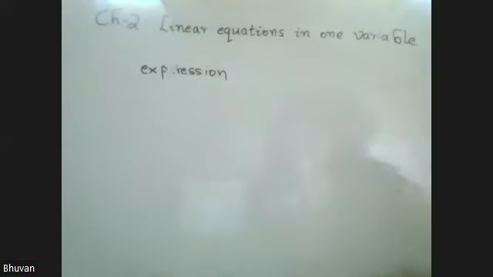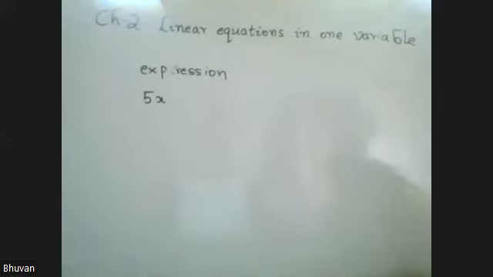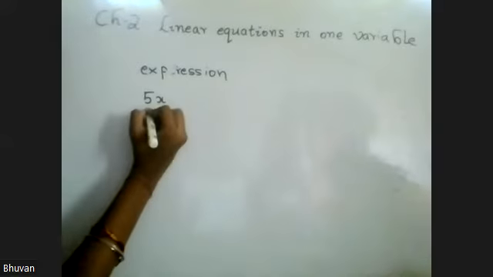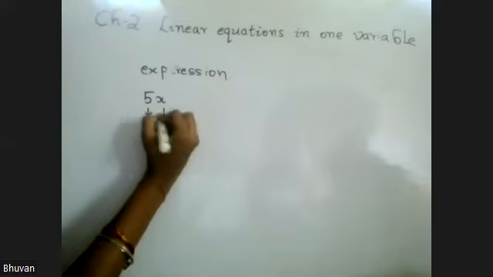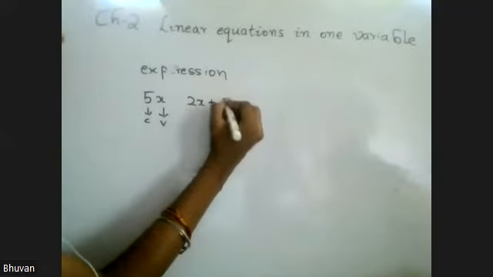So now we should know what an expression is. An expression is something which is a valid combination of variables as well as constants. For example, 5x. This is an expression where 5 is a constant and x is a variable. Next, 2x plus 5.